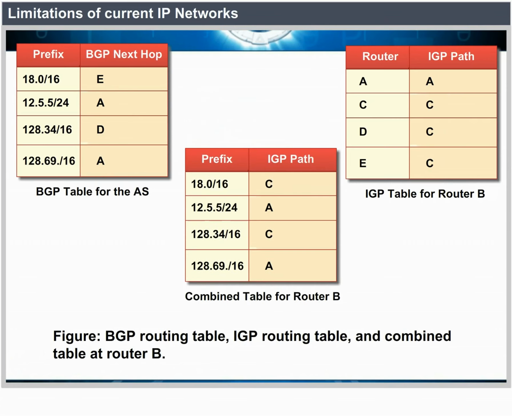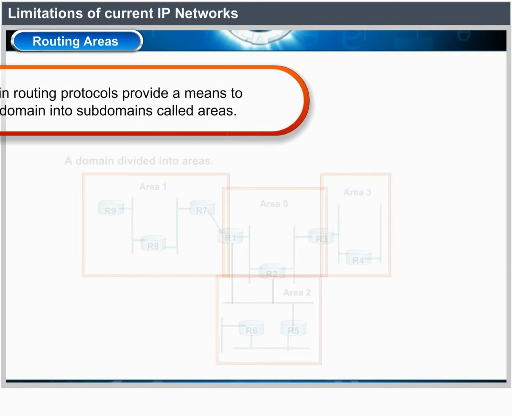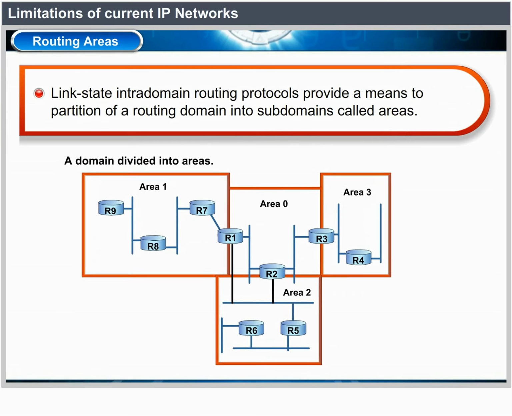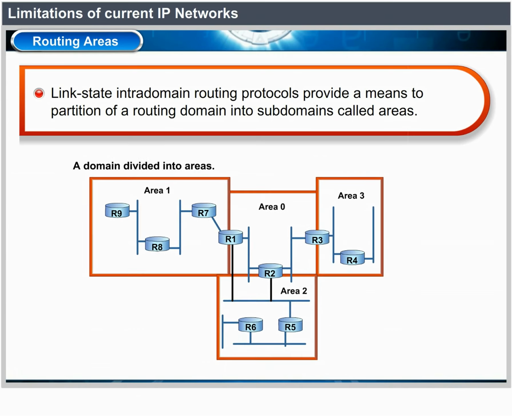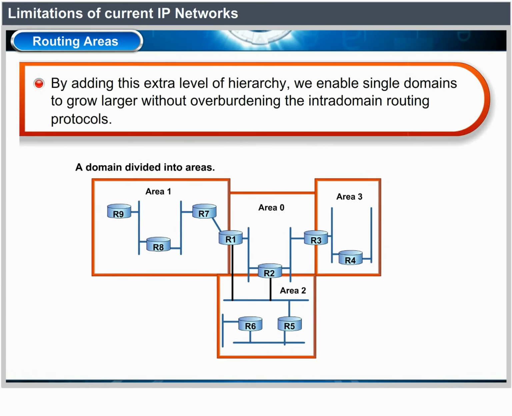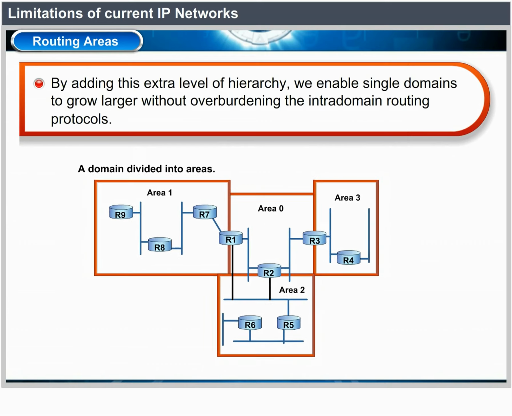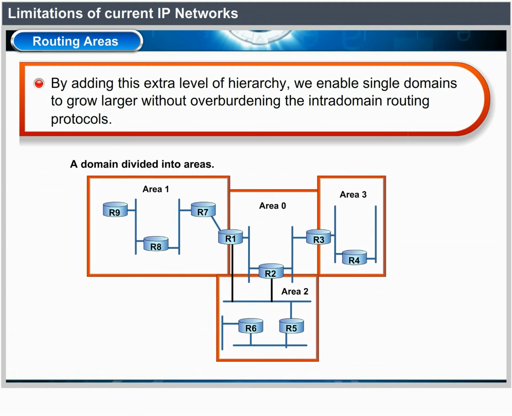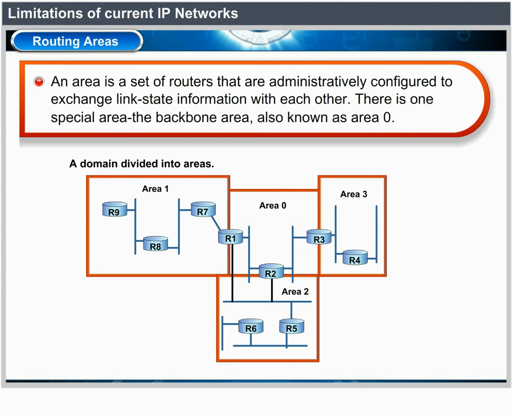Routing areas. Link state intra-domain routing protocols provide a means to partition a routing domain into subdomains called areas. By adding this extra level of hierarchy, we enable single domains to grow larger without overburdening the intra-domain routing protocols. An area is a set of routers that are administratively configured to exchange link state information with each other.